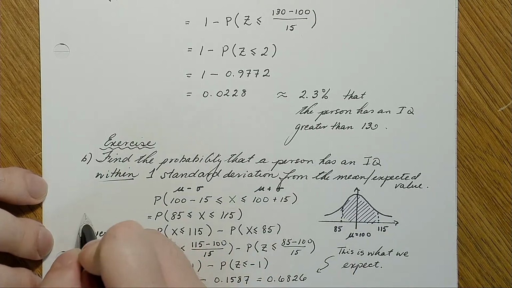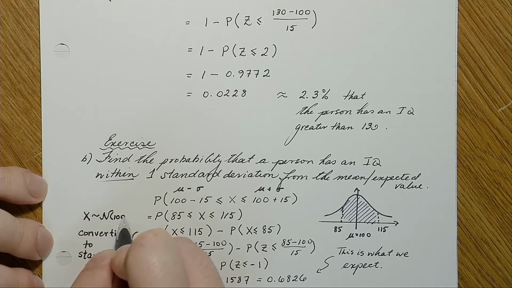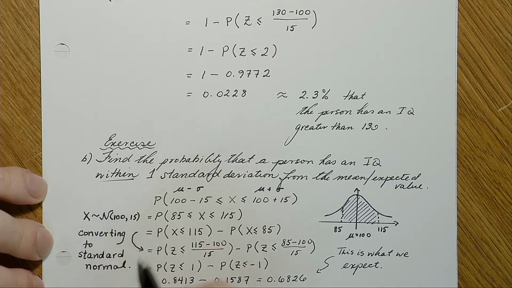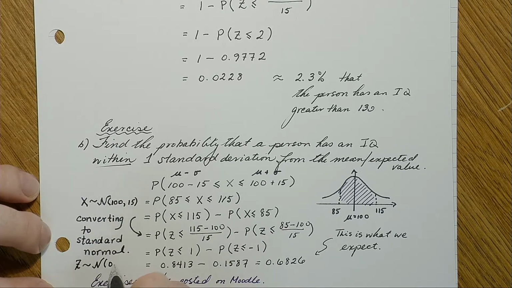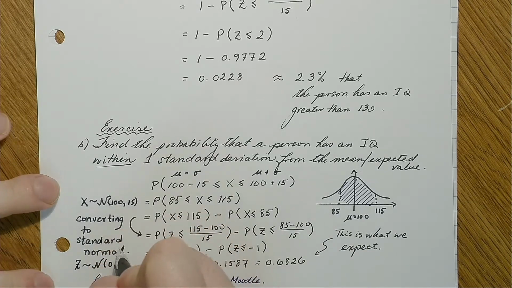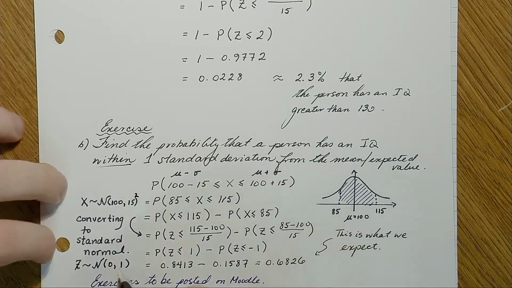Again, remembering that we're using x to represent the normal distribution of the IQ test, we're transforming it into this new variable z, where the mean is 0 and the variance is 1.